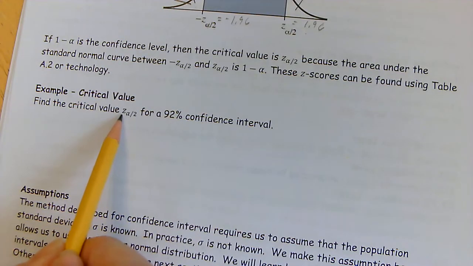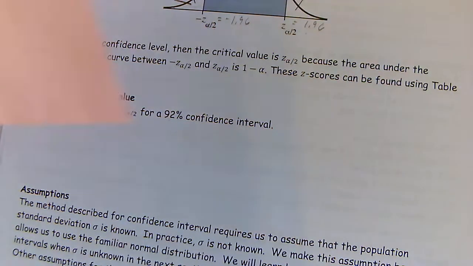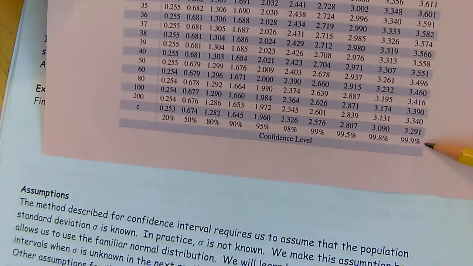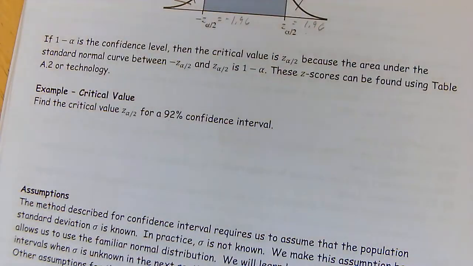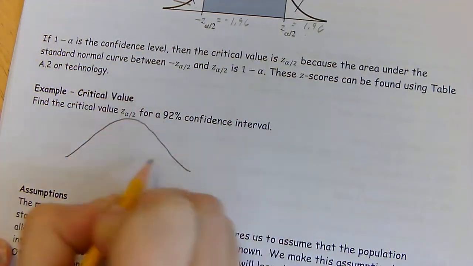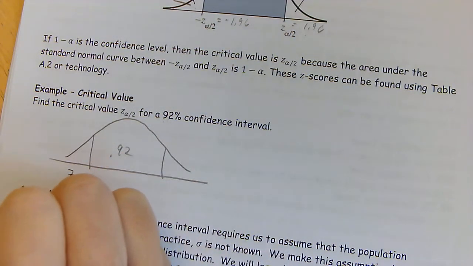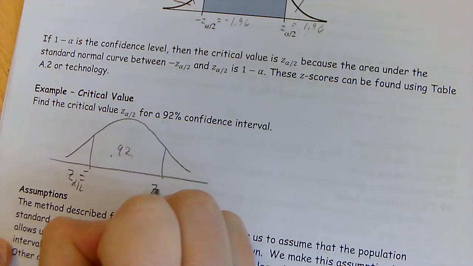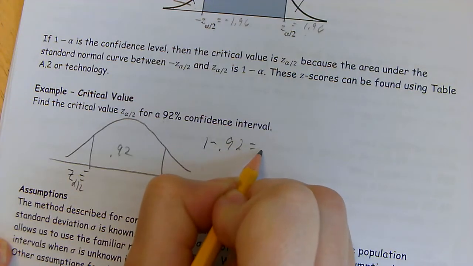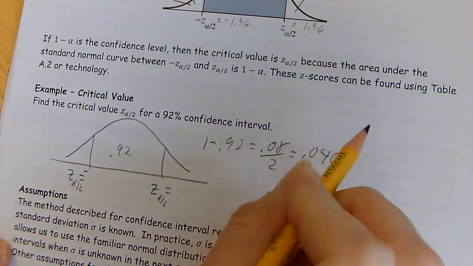So how do I get a critical z value for a level of confidence that is not on my cheat strip on table A3? Oh no, 92% is not there. I have to use the yellow table to get the critical z value that goes with this level of confidence. One take away the 92% confidence, I'm going to have 8% left over. I need to divide that between the two tails.